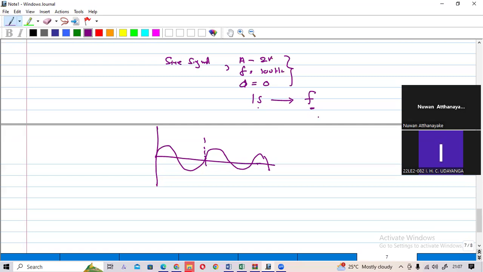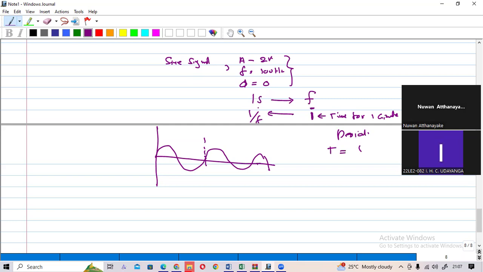If you want to find the time for one cycle, that is 1 over f. This is referred to as the period. So you can get the period T as 1 over f, the time for one cycle.